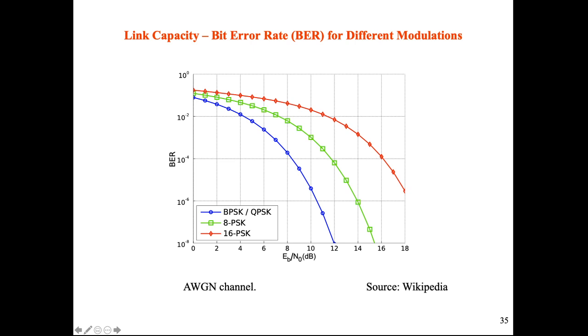Let us look, we were in a situation where, for example, Eb/N0 was equal to 2. Let me pick up the pen again. So we were here in this region, okay?